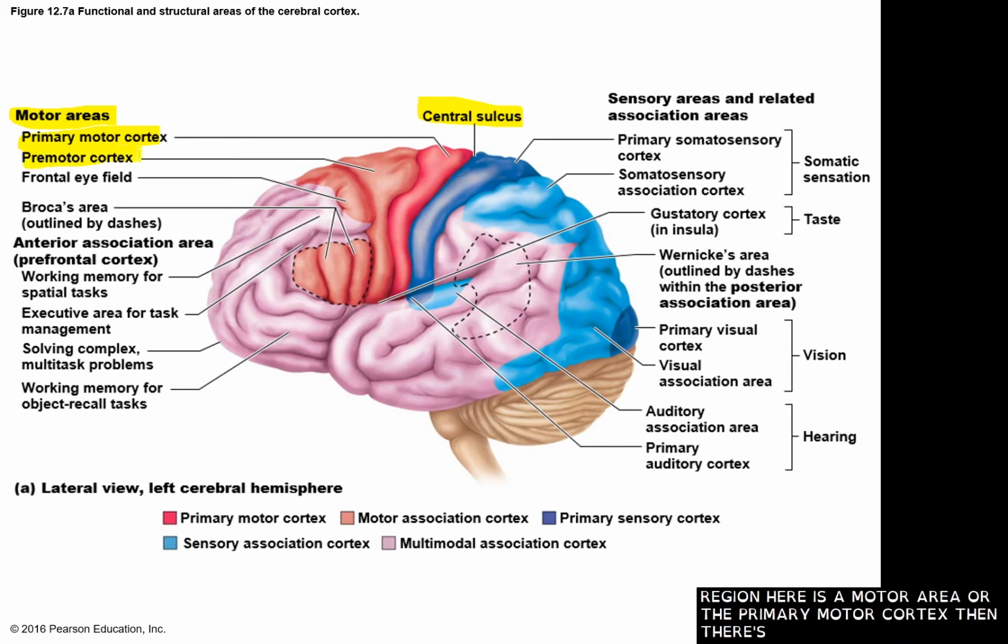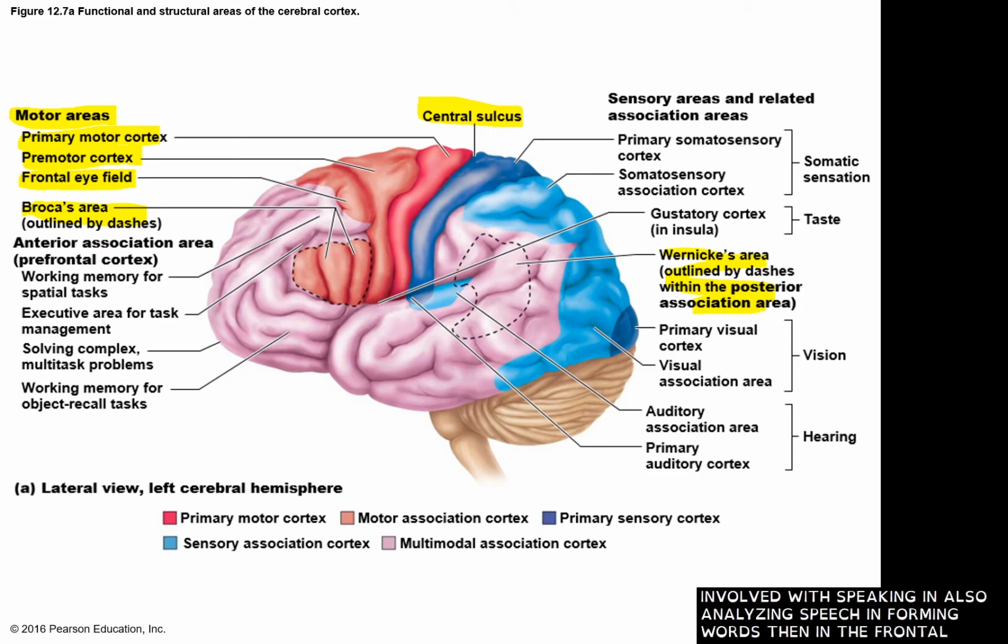Then there's a premotor cortex in front of it, and then a frontal eye field, which is controlling your eye movement. Then we'll talk about some of these other areas, like Broca's area and Wernicke's area, which is right over here. We'll talk about those later. They're involved with speaking and also analyzing speech and forming words.